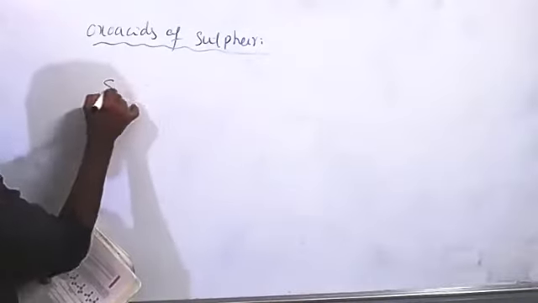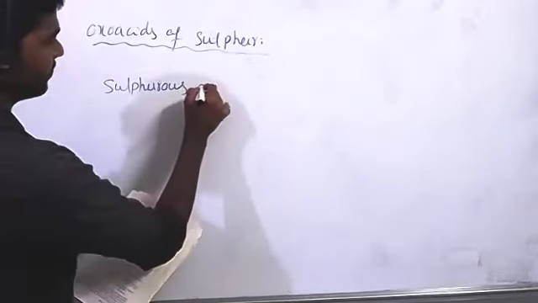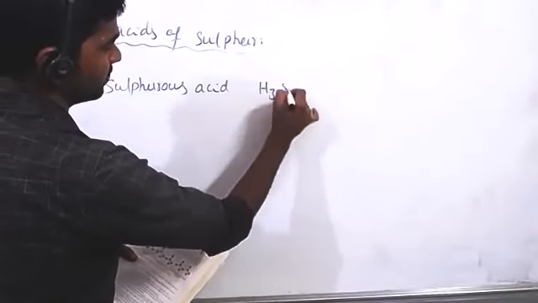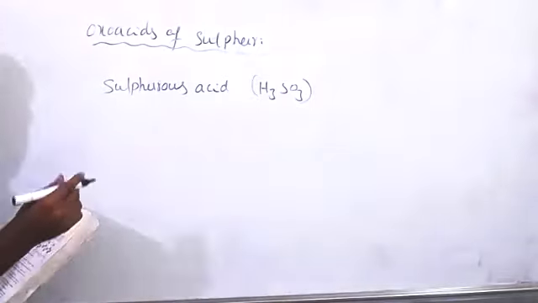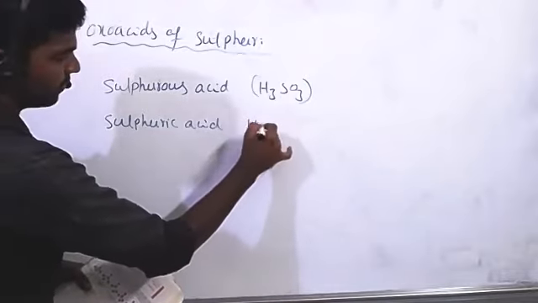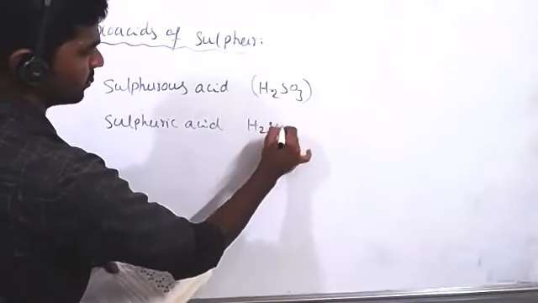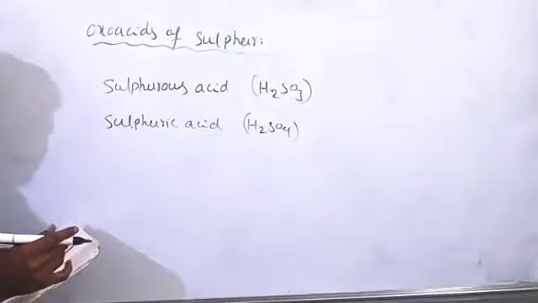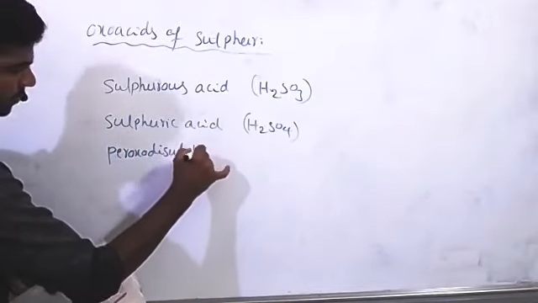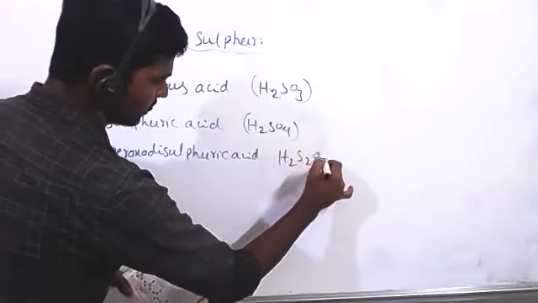One is sulfurous acid, H2SO3, and sulfuric acid, H2SO4, and peroxodisulfuric acid, formula H2S2O8.